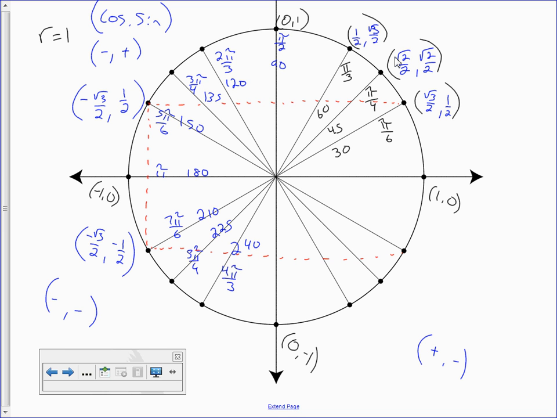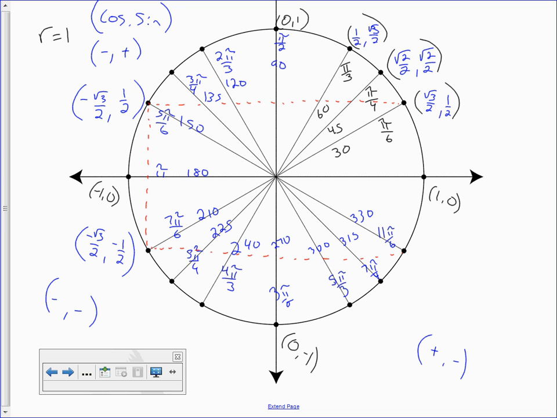As I fill in my blanks here, this is 3 pi over 2, 270, 300, which is 5 pi over 3. Then we have 7 pi over 4. And then 11 pi over 6. So 300, 315, 330. Do we agree?